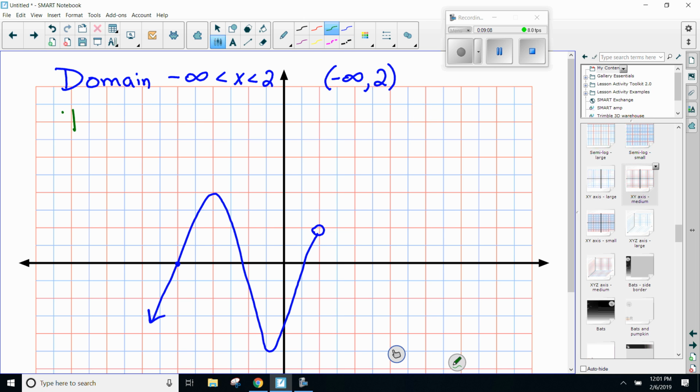What about the range? What is your range? -infinity to 1, 2, 3, 4. So I go from -infinity to 4. Does it include 4? Yeah, it includes 4. I tried to get it so it looks like it touches right there.